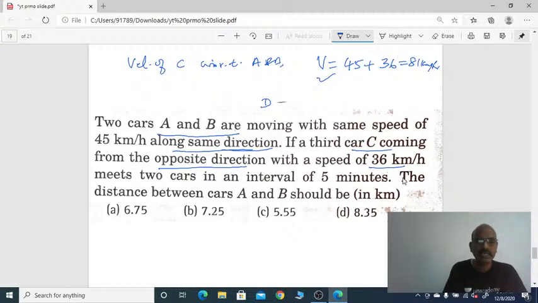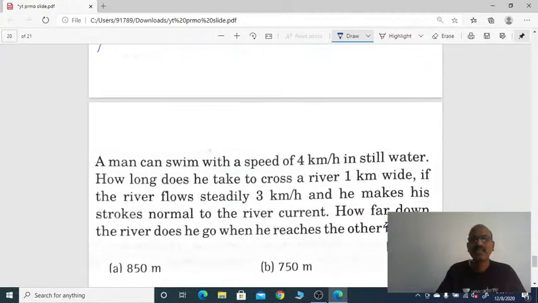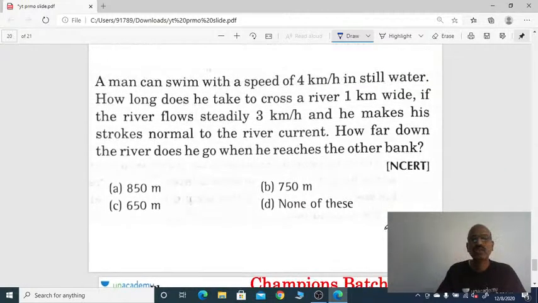Now the time is given as 5 minutes. Converting 5 minutes into hours, dividing by 60, you will get 6.75 kilometer. So the first option is correct, since C is coming in the opposite direction, so the relative velocity will be the vector sum. That's it.